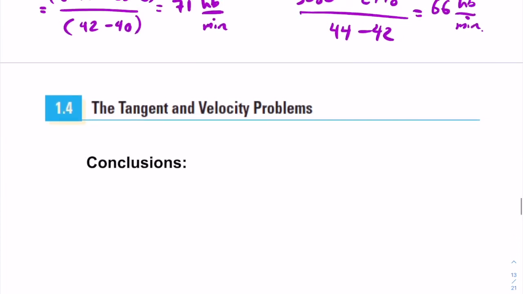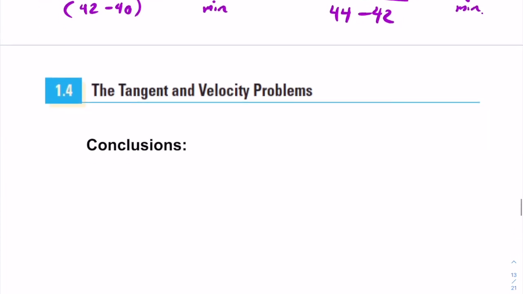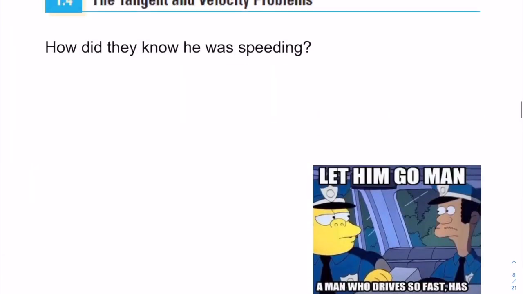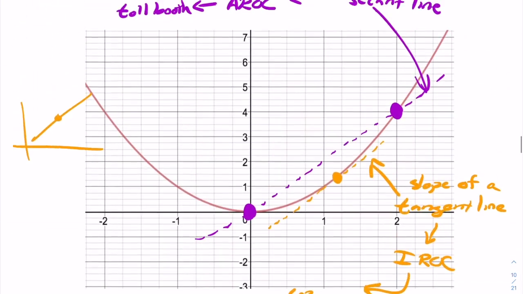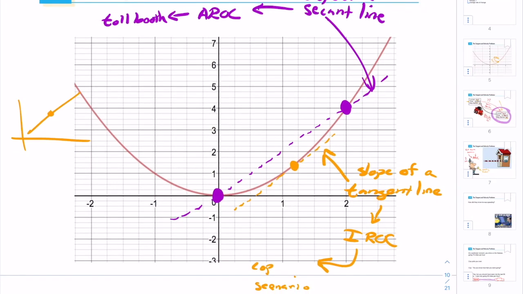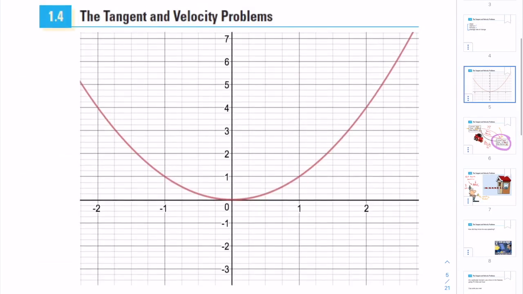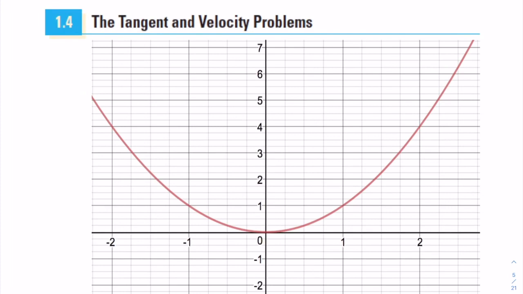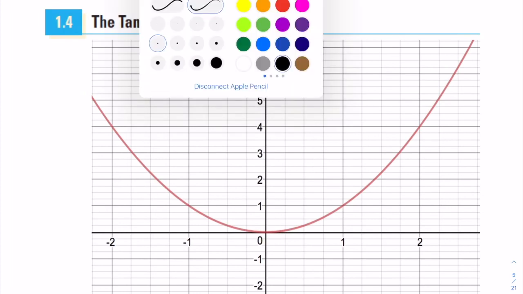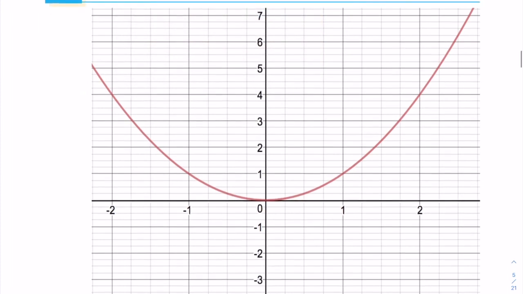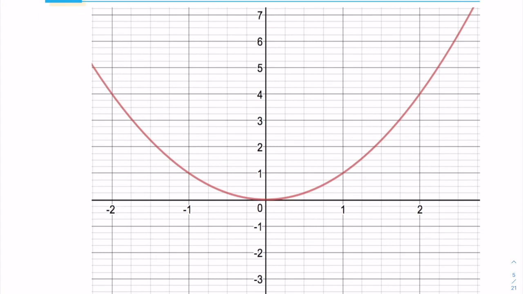Okay, so here's what I want you guys to think about. Let's go back to that graph. Here we go. Similar to our problem, this is not the exact graph, because we don't know what it looks like.